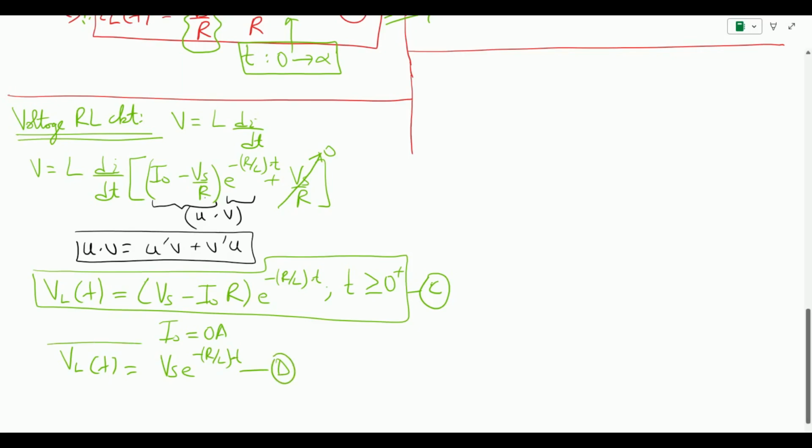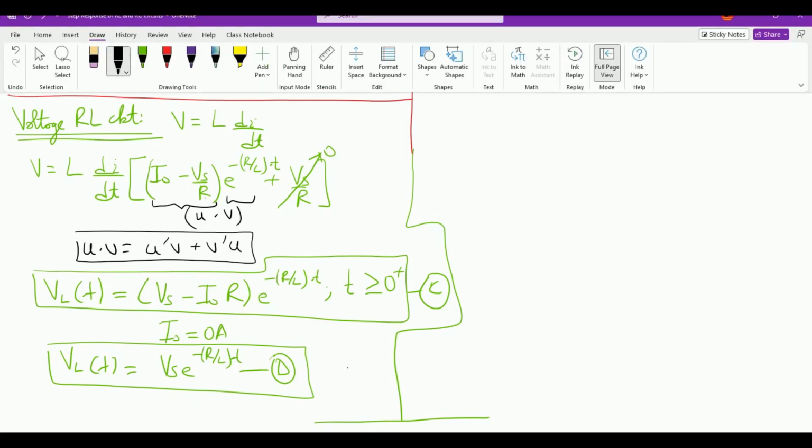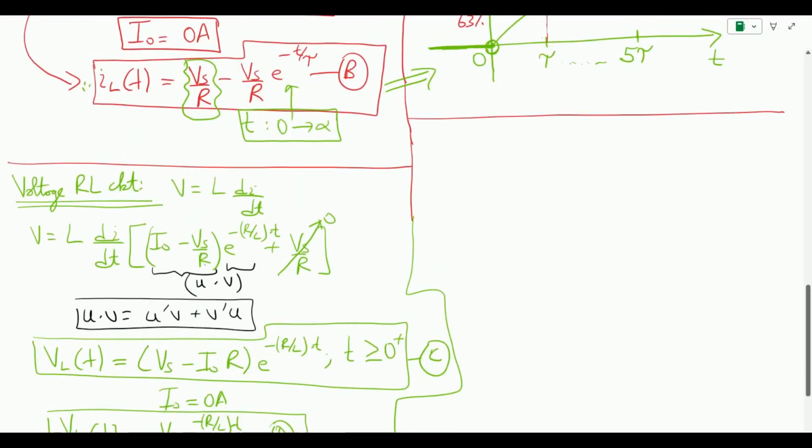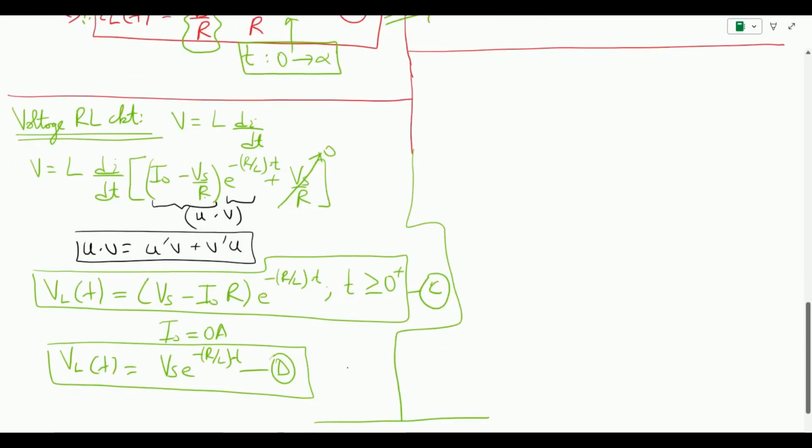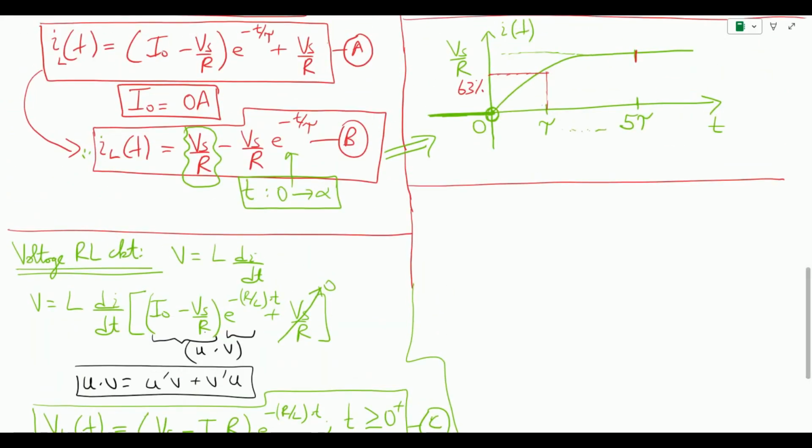So again we have two representations of the voltage appearing across the inductor, and if we want to plot equation D, we can see the behavior of this voltage. In order to see the behavior of the voltage, we can keep the value of time from 0 to infinity, and when we put the time of 0, we get a very strange behavior. Let us plot the voltage behavior over here.